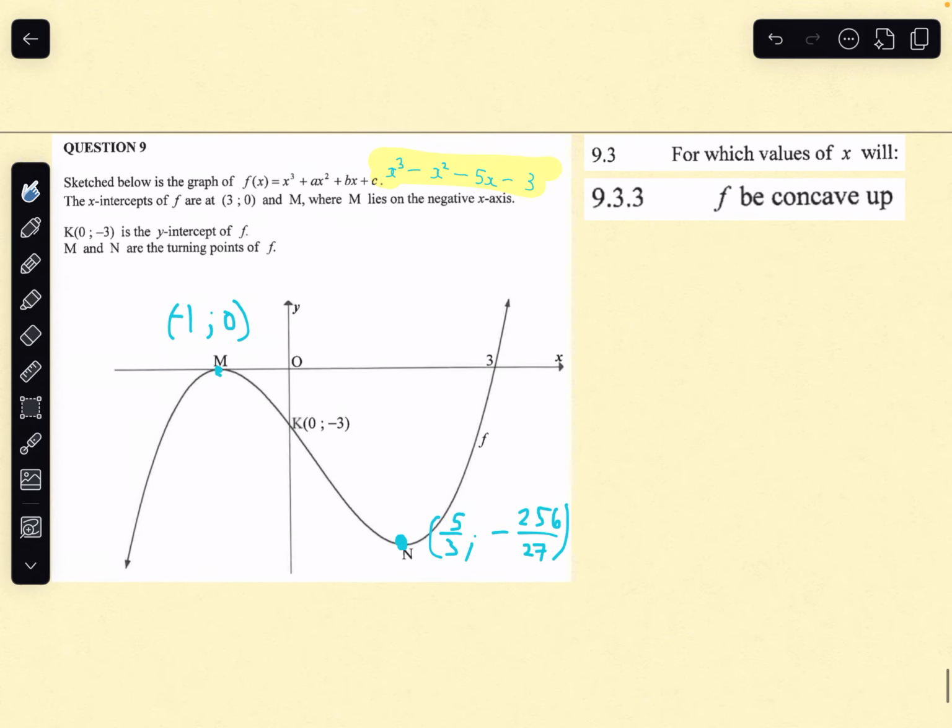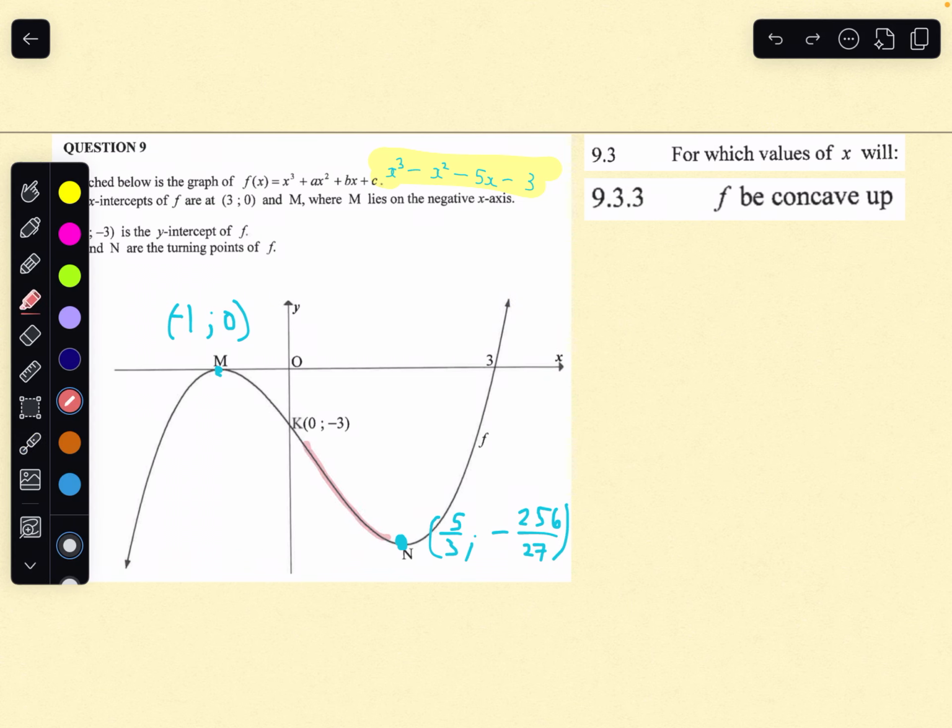Okay, so the next question says, for which values of x will f be concave up? So this is this part roughly. So that will be from the point of inflection onwards.